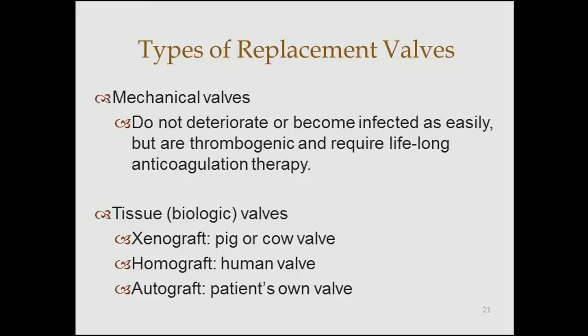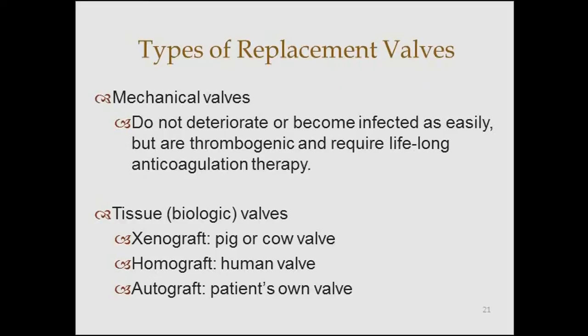So tissue valves, again, can either be bovine, which is cow, or porcine, which is pig. Those are xenografts. Or there can be a homograft, which is a human valve that is used from a donor. Okay? These type valves do not require anticoagulation, but they're tissue. They don't last as long.